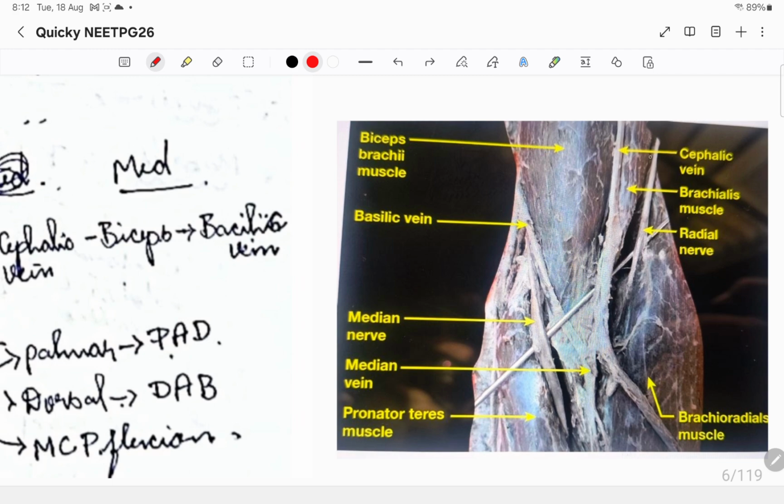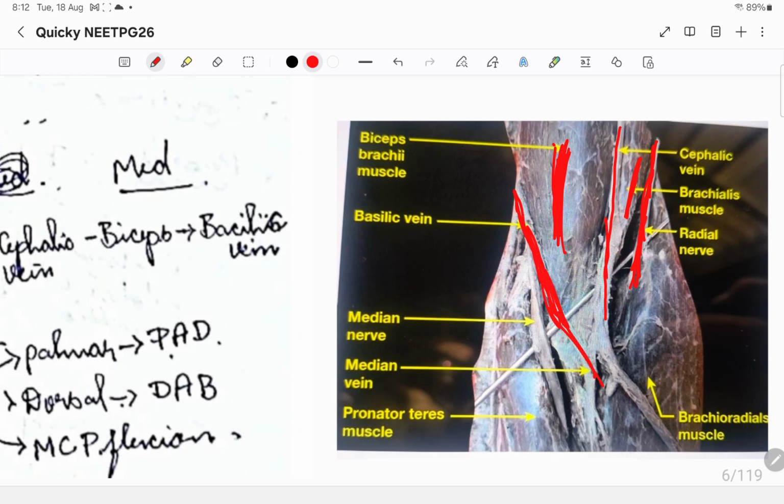Starting with the lateral most thing, it will be the radial nerve. After the radial nerve is the brachialis muscle. Then after that, the cephalic vein. Next to that will be the biceps brachii, the biceps muscle that you flex, right? Then after that is the basilic vein.